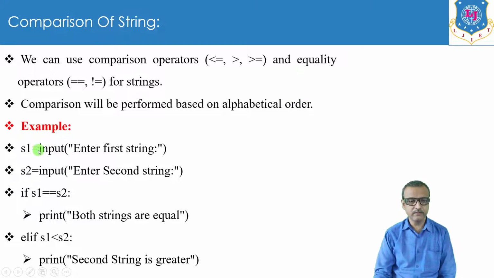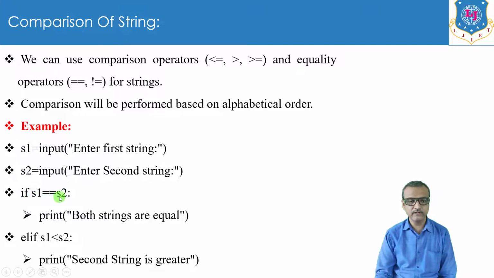For example, S1 equals input of "enter first string". S2 equals input of "enter second string". Now here we are checking whether the two strings S1 and S2 are equal or not, whether S1 is less than S2 or not, and finally S1 is greater than S2 or not.